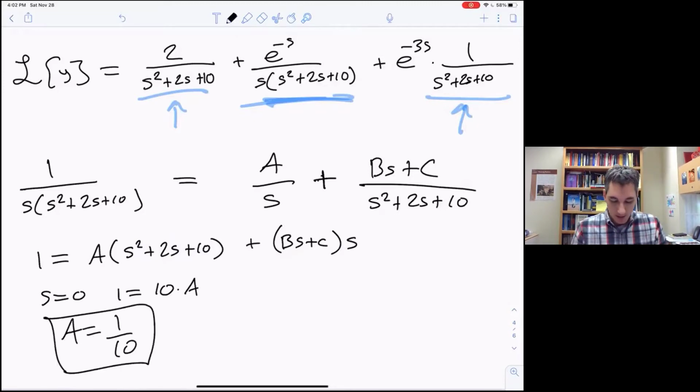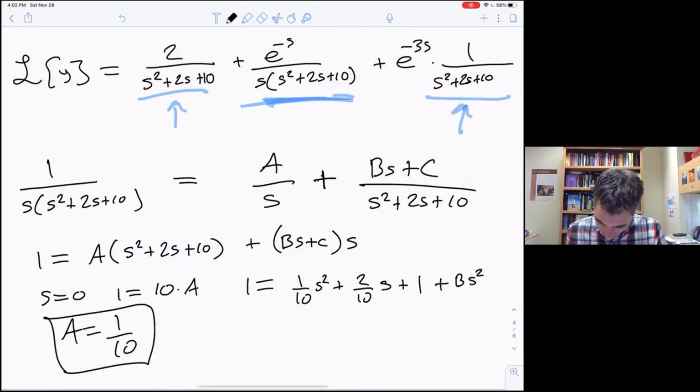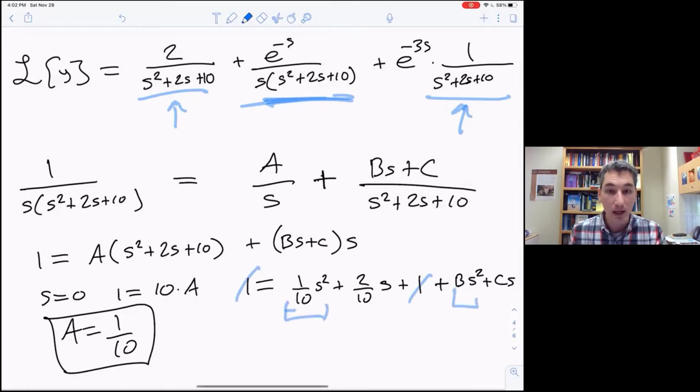All right. And if I think about multiplying this out, we're going to have 1/10 of s squared, 2/10 of an s, and then 1, plus Bs² plus Cs. And we've got a couple things that are nice. 1 equals 1, so that's good. There's a 1/10 of an s squared and there's Bs squared.